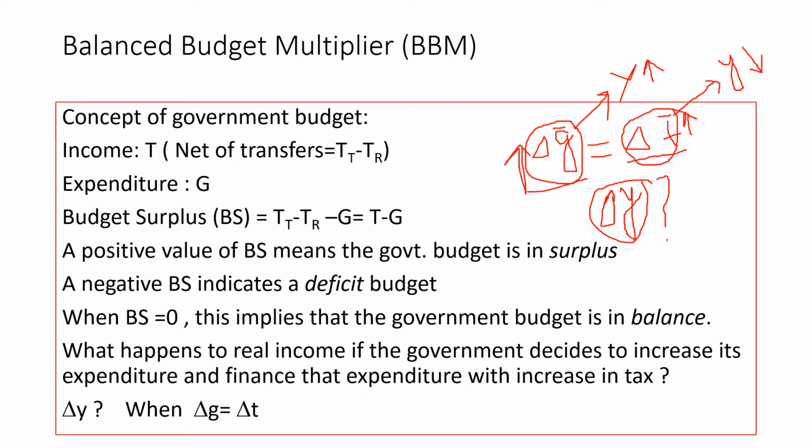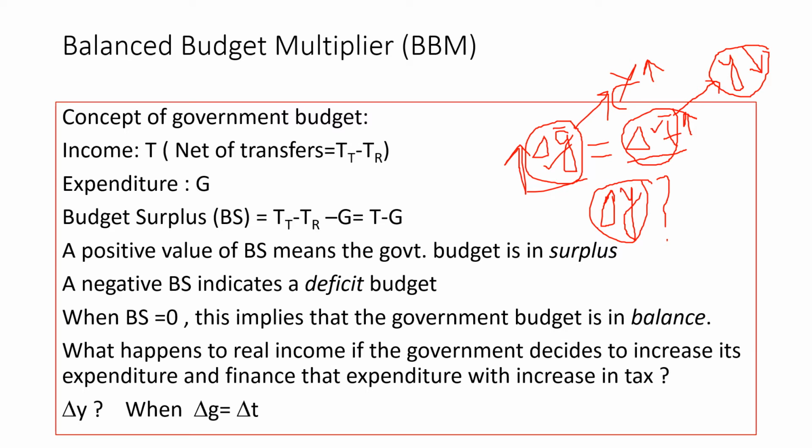The policy was expansionary, that of a tax cut. When we increase tax, it's basically a contractionary policy, because it's lowering your income. So when you are doing both delta G and delta T, delta G will raise your income, but at the same time delta T will lower your income.